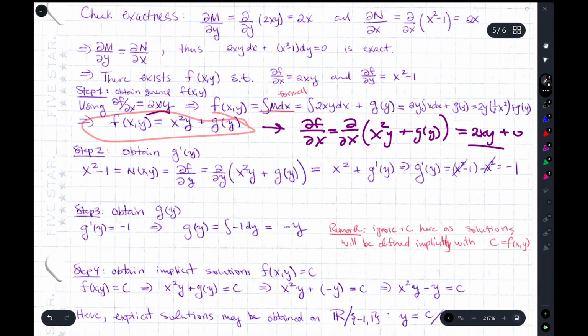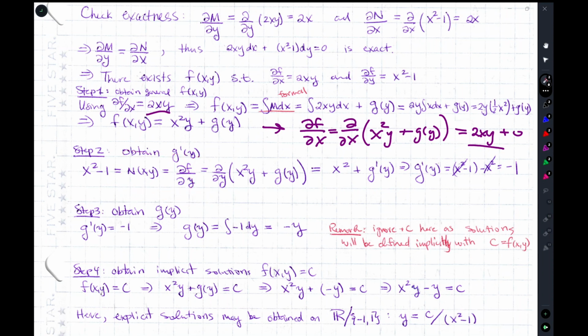So now we're going to use the other condition, which is that x squared minus y, which is N, is equal to partial f partial y. We're going to use that condition to get a handle on what g(y) is. So we take the derivative of the f from the first step.